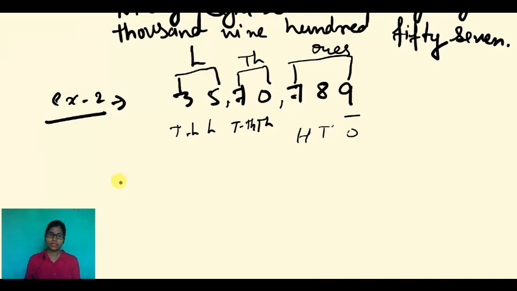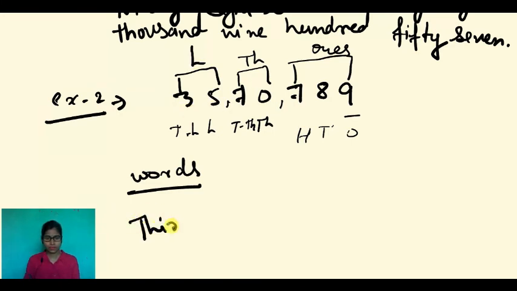it is the turn for writing. How will you write the number in words? As you are reading, you have to follow the same process. 35, then lakh. Then write 35 lakh.